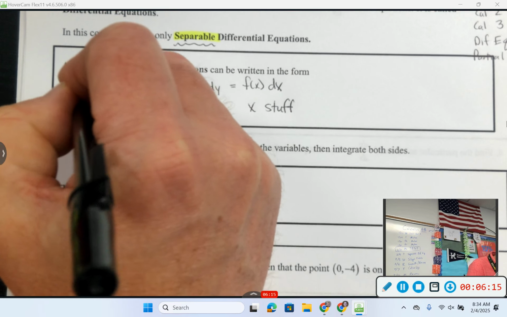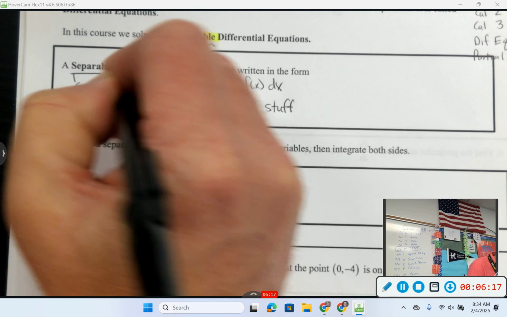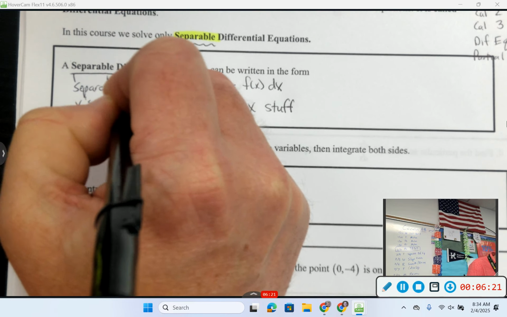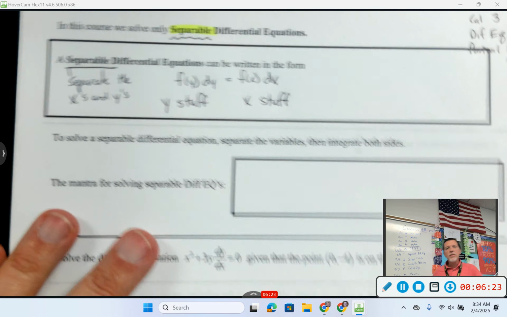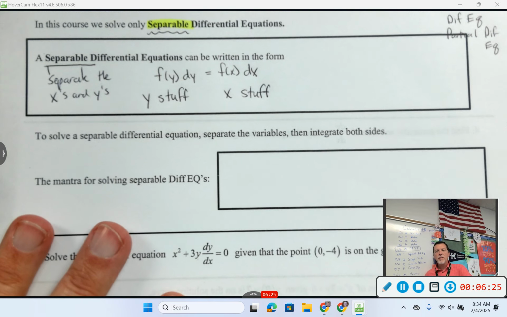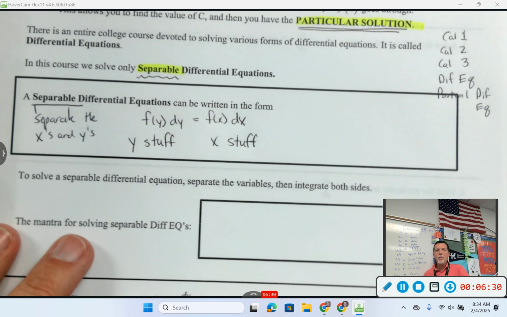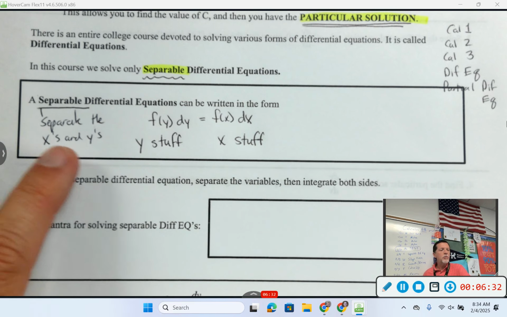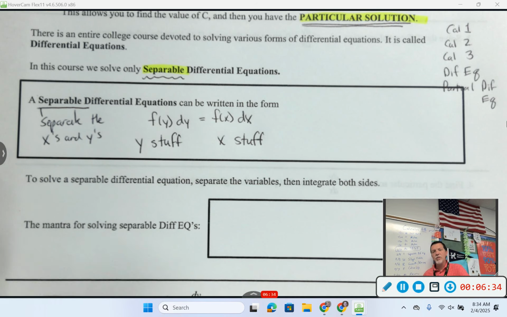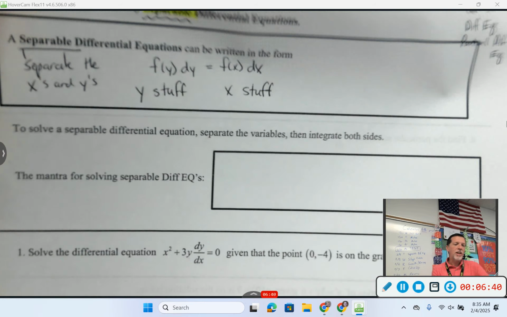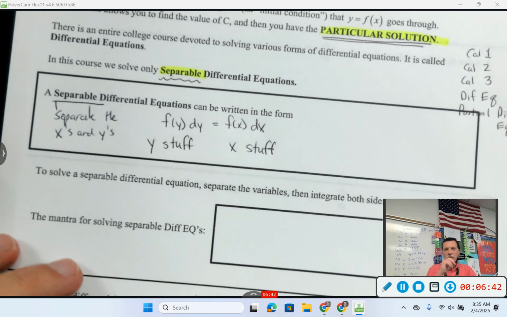Separable meaning we're going to separate the x's and y's. That's the separation part. Which means, yes, later in life, like a couple years from now, there'll be ones where you can't separate the x's and y's, and that's why you don't do those until junior year of college, after you've taken 3 semesters of calculus.